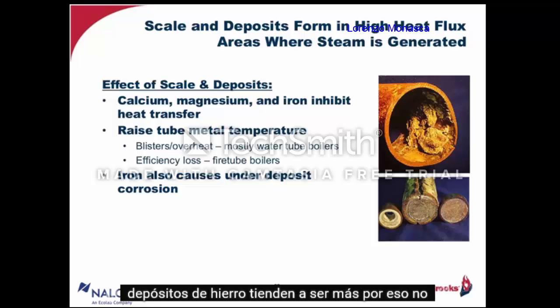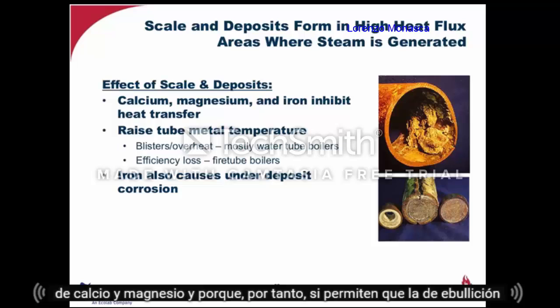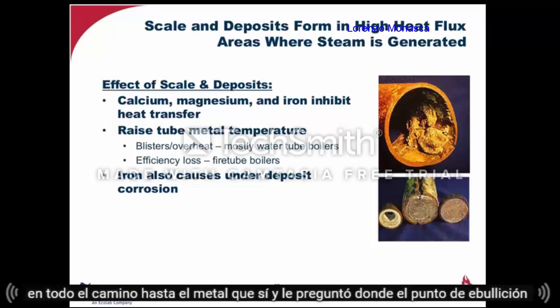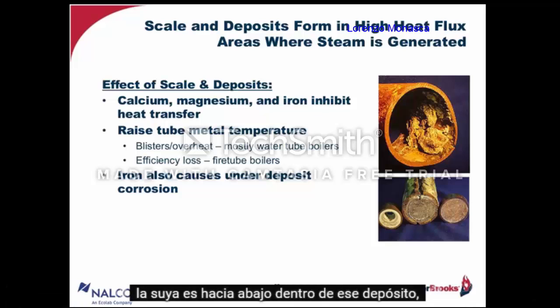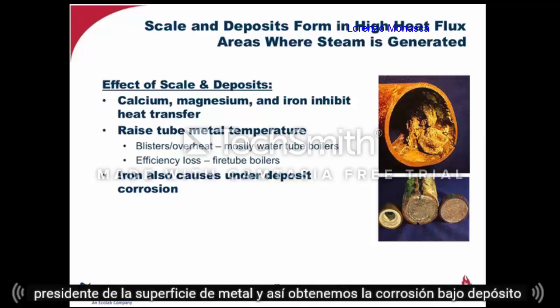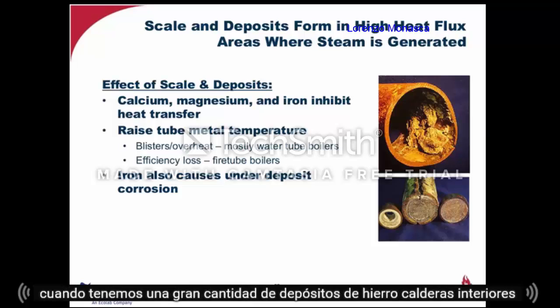Iron deposits tend to be more porous than those from calcium and magnesium, and because they're porous, they allow the boiler water to get in all the way to the metal surface, and that's where the boiling occurs, down inside that deposit. As the steam leaves, it leaves all of the boiler water salts present at the metal surface. And so we get under deposit corrosion when we have a lot of iron deposit in our boilers.